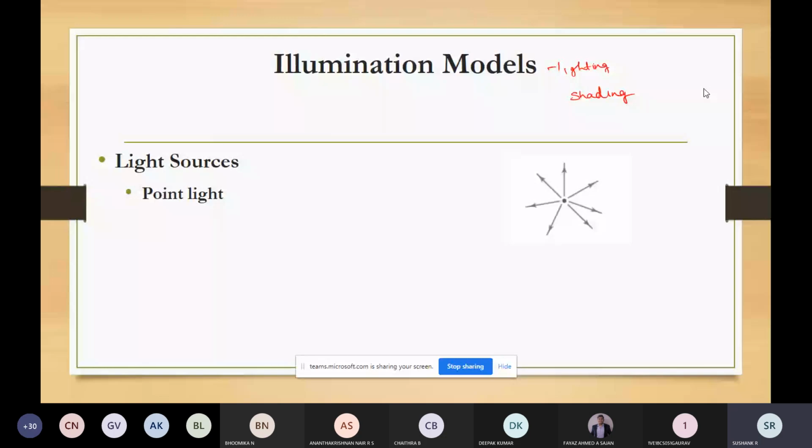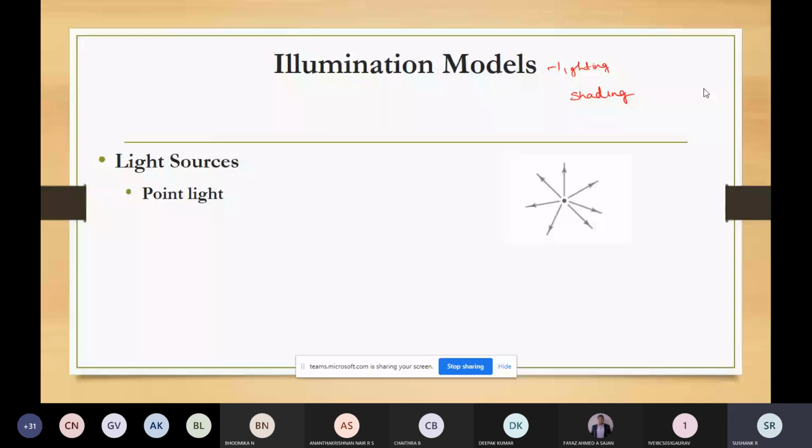So what will this light source contribute? It will contribute to the lighting effects for objects in the scene. For example, there is a hall, and we have placed some books, a laptop, some tables, chairs, everything.